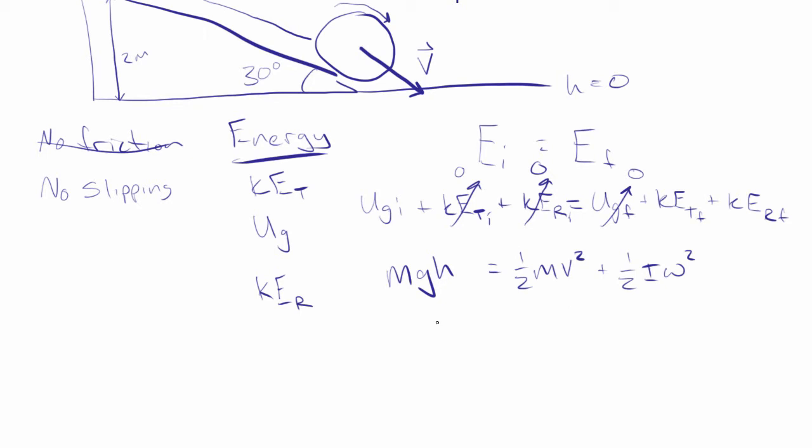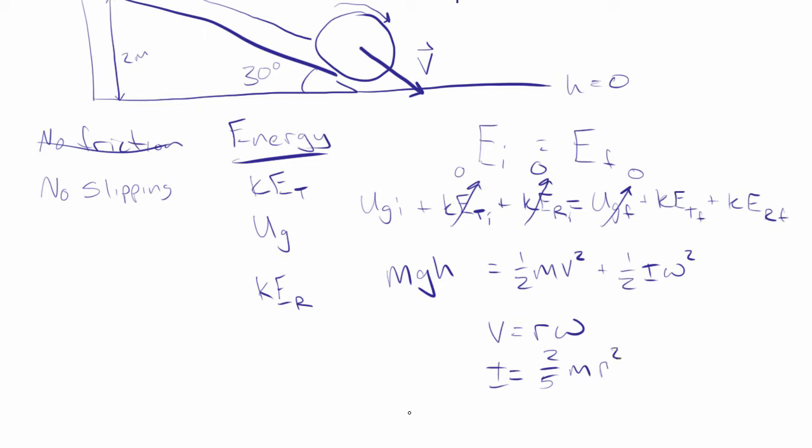Okay? Once again, I know that v is related to omega by r for the same reason we just talked about in the previous example. And then this is a ball, so you could go ahead and look up the moment of inertia for the ball. It's equal to 2/5 times the mass times the radius squared.